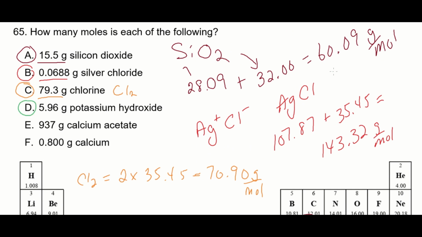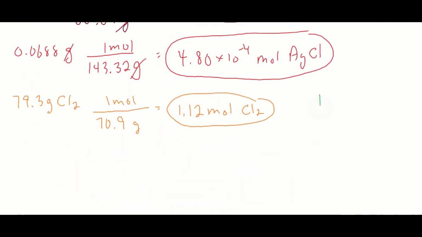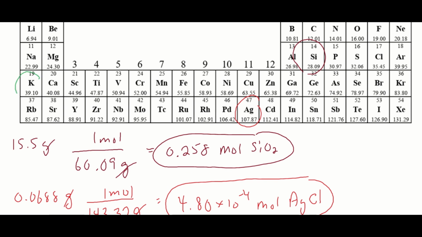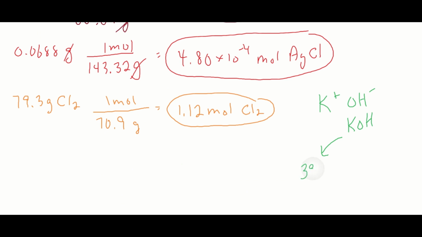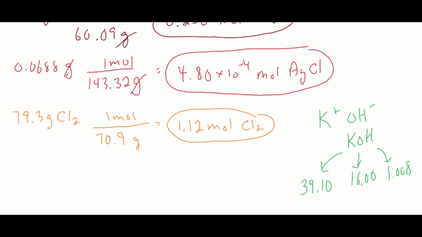Next we have potassium hydroxide. Do that down here. Potassium forms a 1 positive cation and hydroxide is a 1 negative anion, so they're going to cancel out or form 1-to-1 ratios. There's your chemical formula for potassium hydroxide. So potassium has a mass of 39.10. We're going to add that to 16.00, and 1.008 is the mass of hydrogen.